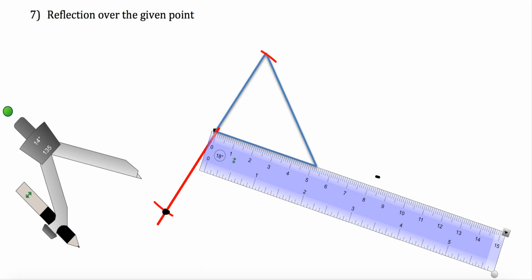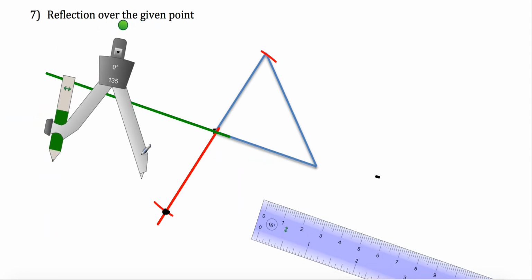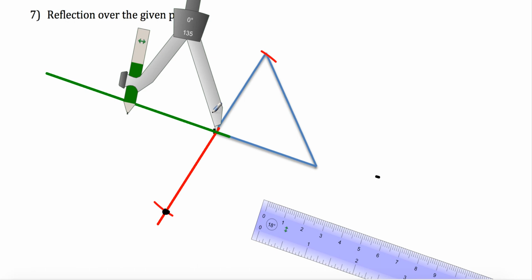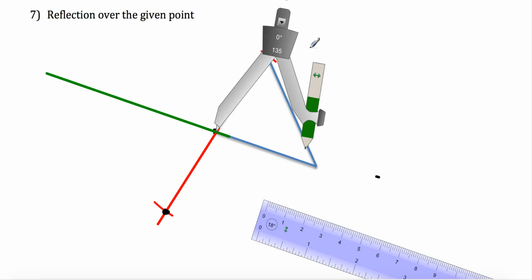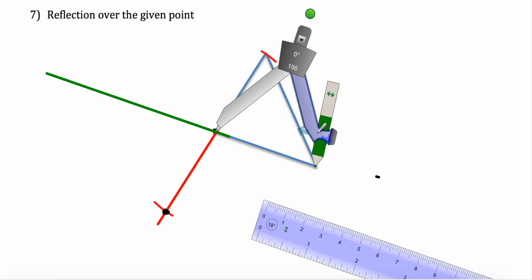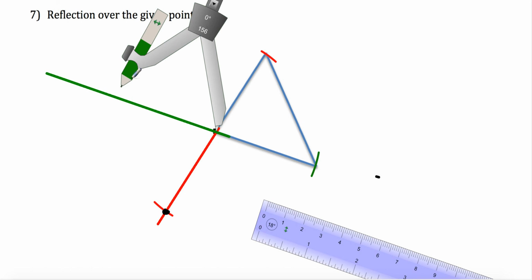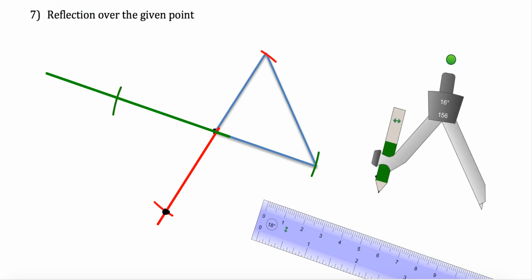All right, I'm going to use the green, then extend it this way. So what I need to do here is, from that intersection, that's how long this one was, to the other side. Then that becomes my last point.